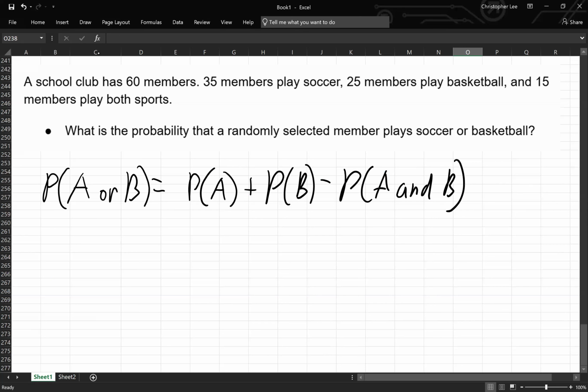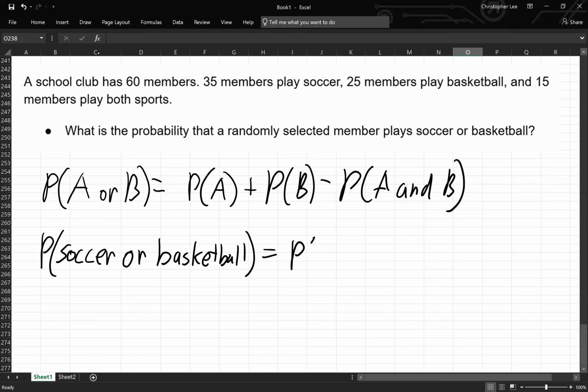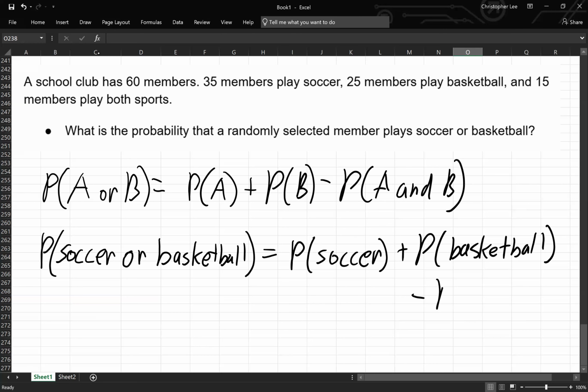This is going to be the probability of soccer or basketball, is equal to the probability of soccer plus the probability of basketball minus the probability of both of them.